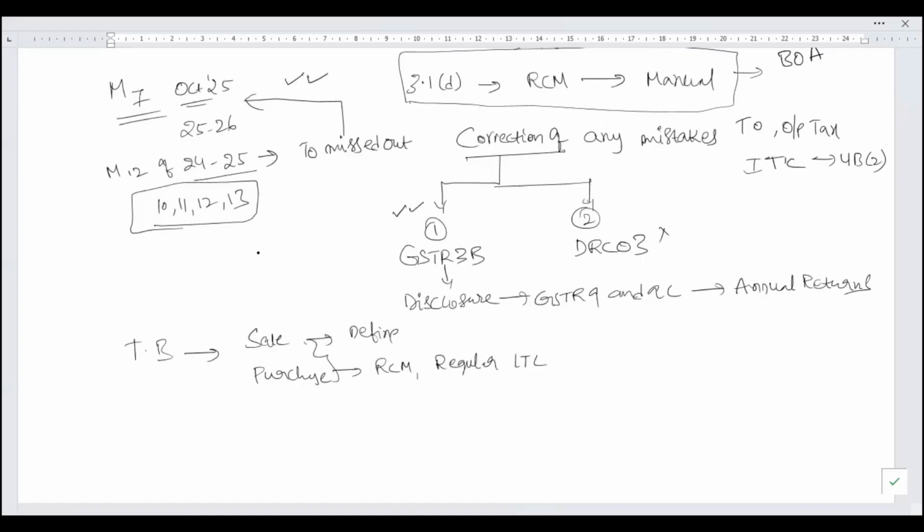On the basis of this, you have your duties and taxes ledger. Here you have opening balance, debit, credit, closing balance. For example, an opening balance item is ITC which is carried forward.